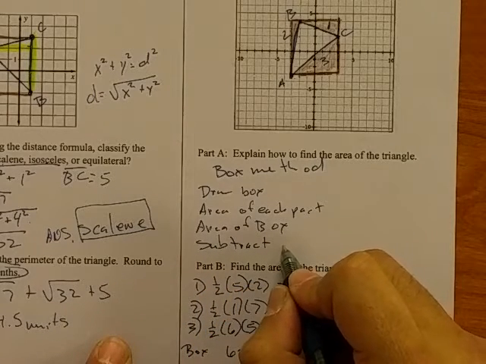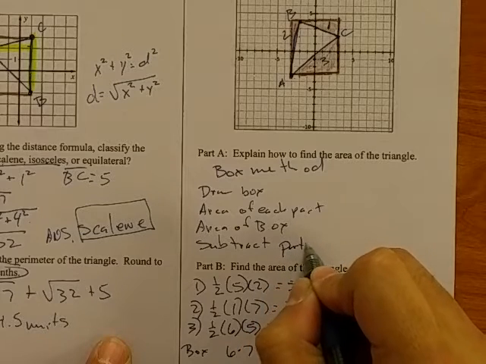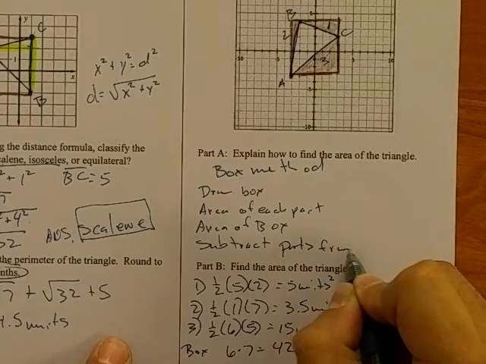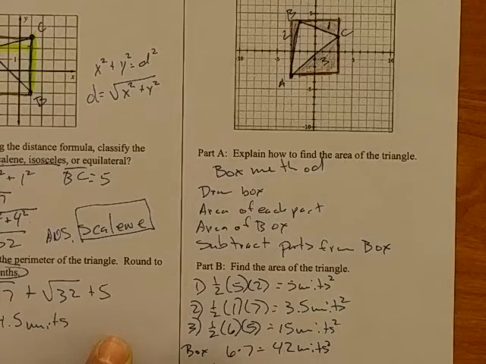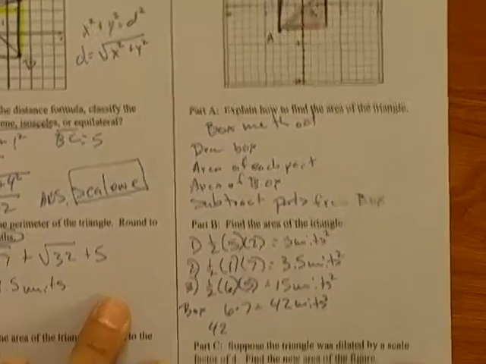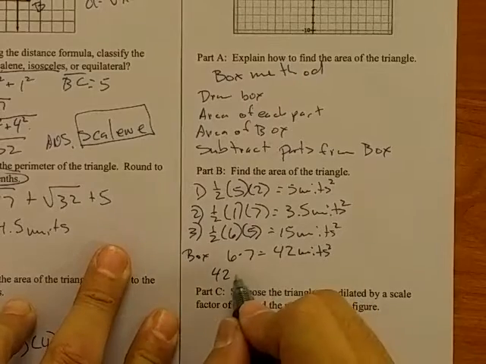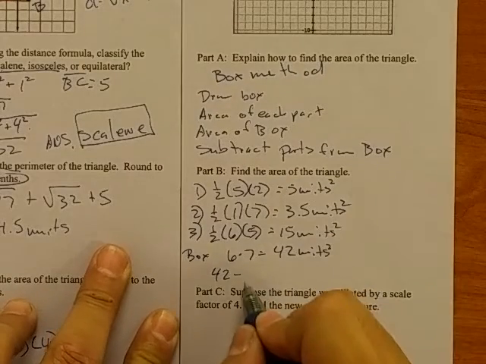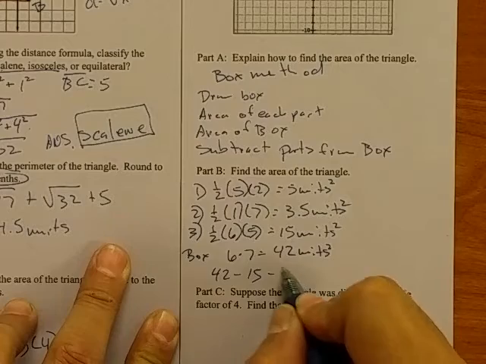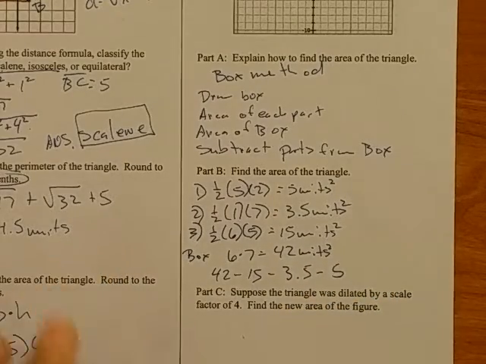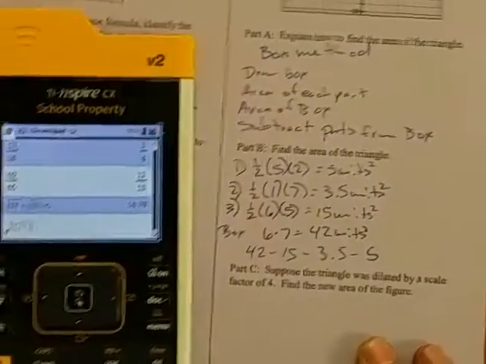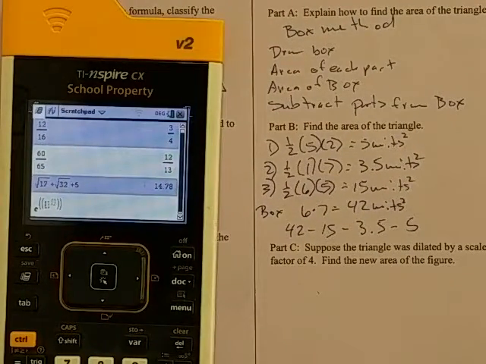parts from box. So I'm going to have 42, sorry, you can't see that. So it's going to be 42 minus the parts. So it's going to be 15 minus 3.5 minus 5. Calculator on this.